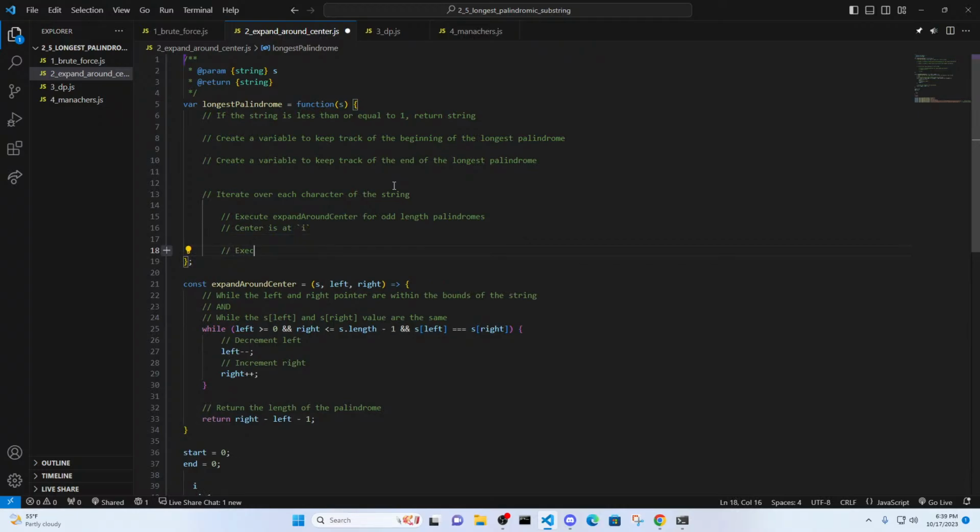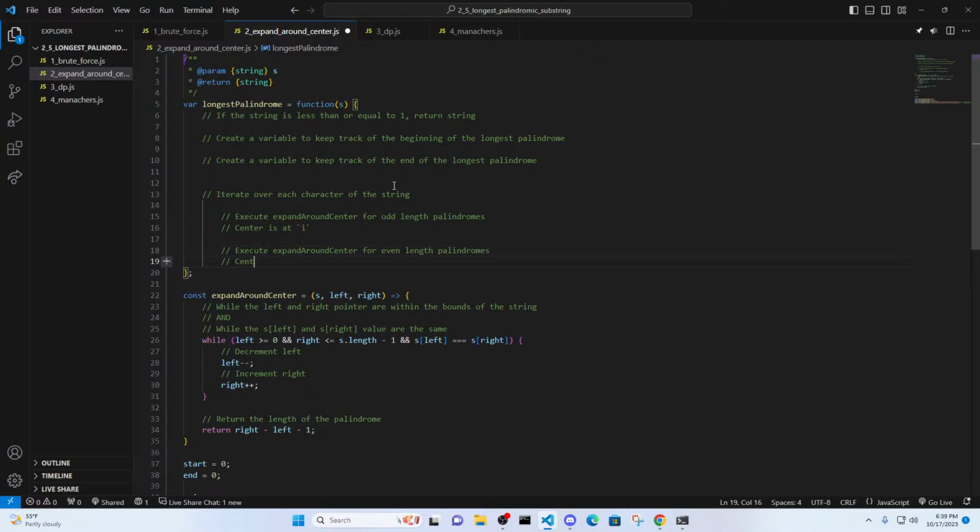Then we'll execute expand around center for even length palindromes, and in this case center is at I and I plus 1, because for evens we have actually 2 characters as the center.